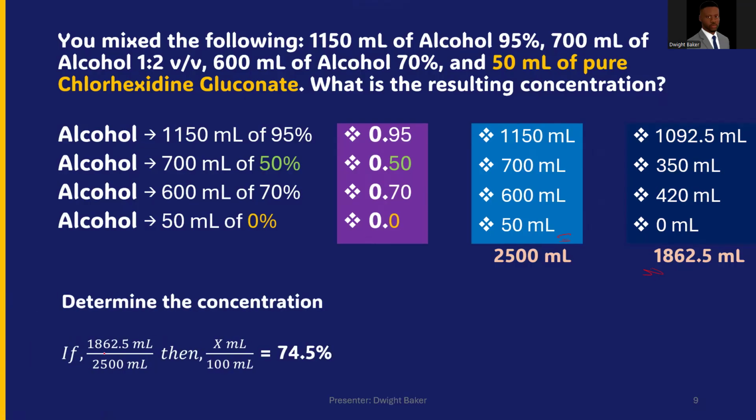So we can say if you have this amount of alcohol in the final volume, then you will have X amount in 100 mil, which is what we're going to be using to find the percentage strength. When you work that out, you will get a value of 74.5%.